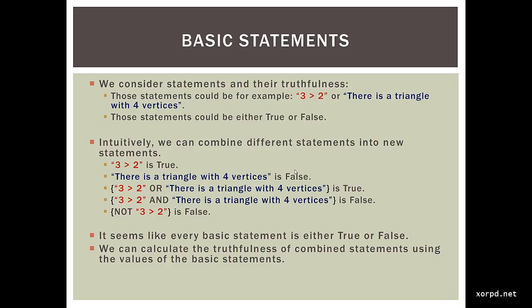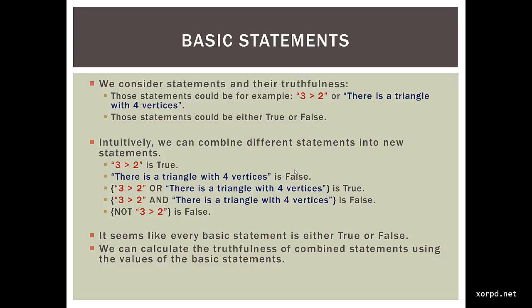We begin with basic statements. We consider statements and their truthfulness. Those statements could be, for example, 3 is bigger than 2, or there is a triangle with 4 vertices. Those statements could be either true or false.